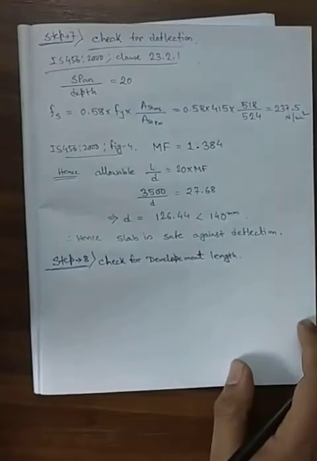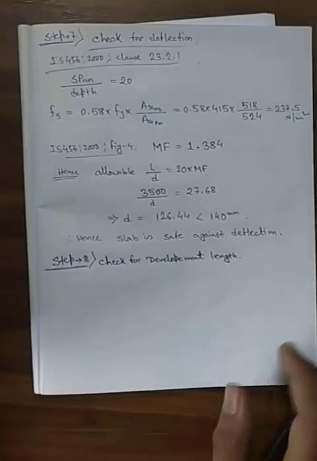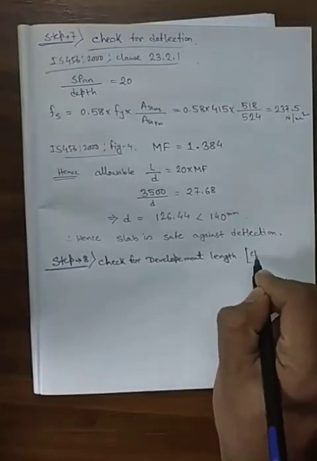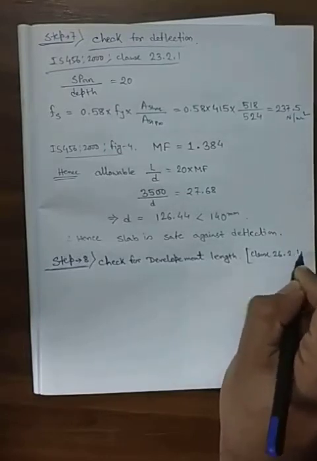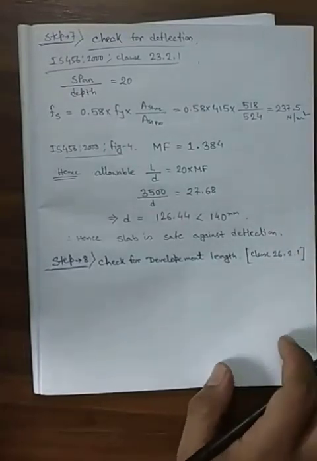For checking the development length, I would like to suggest that you go through IS 456 code 2000, clause number 26.2.1. Go through this clause.